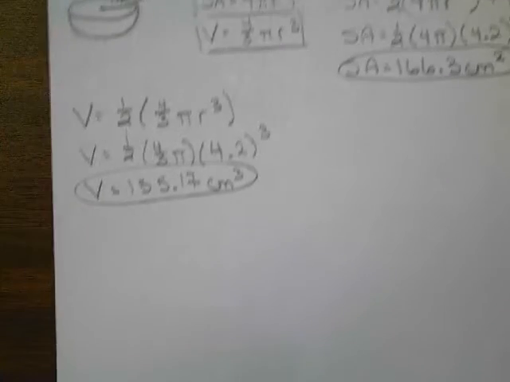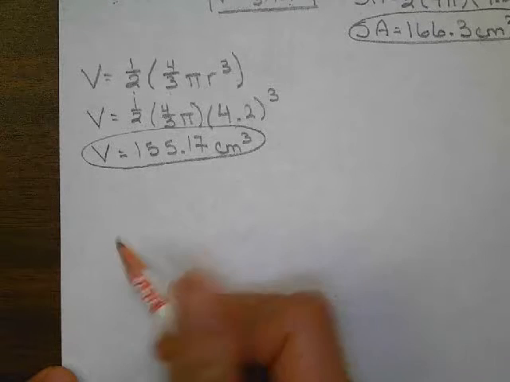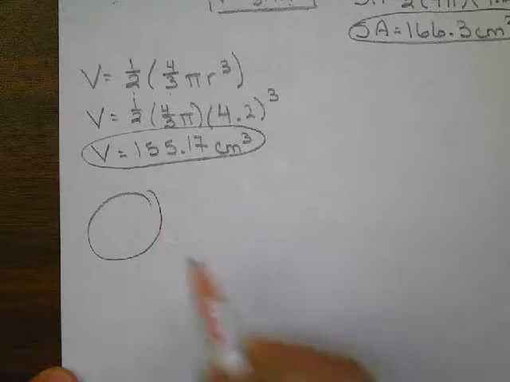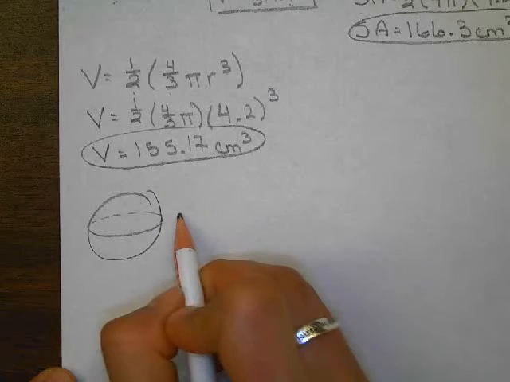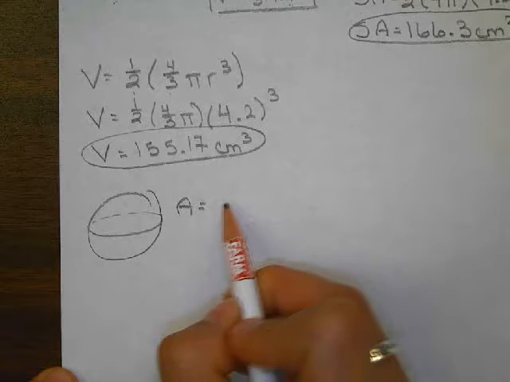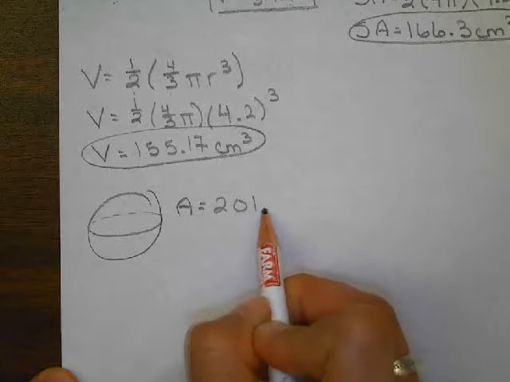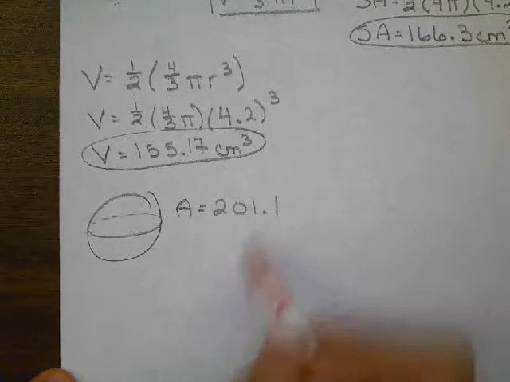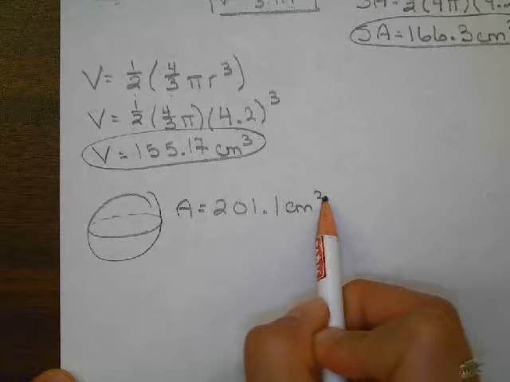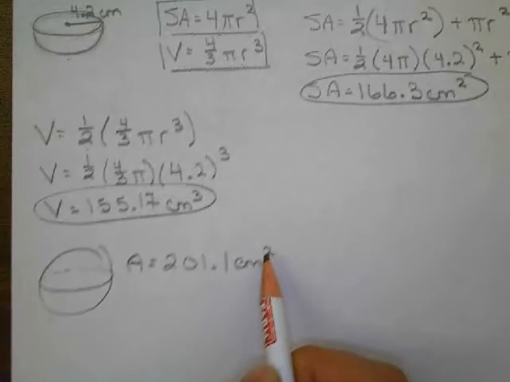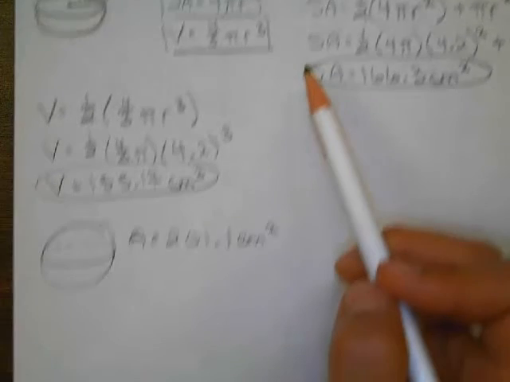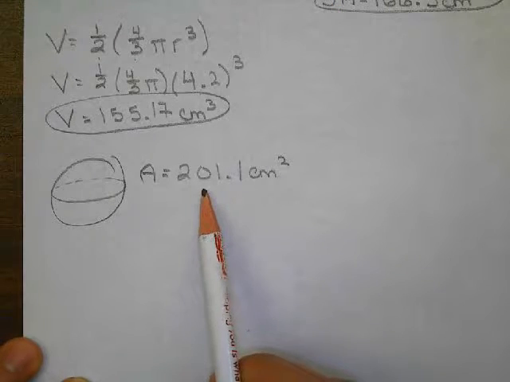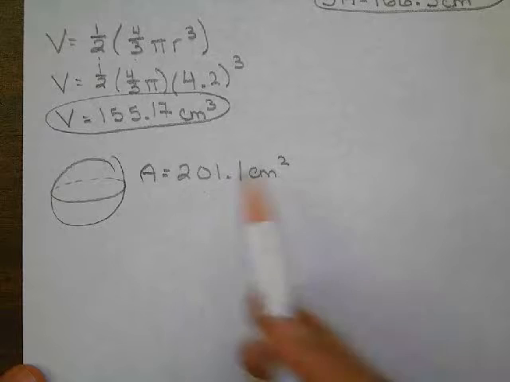Let's do another one. We have the sphere here. We know that the area of this circle, that's part of it, is 201.1 centimeters squared. If I want to find the surface area and the volume, remember I always need the radius. Since they've only given me the area formula, I have to find the radius from that.